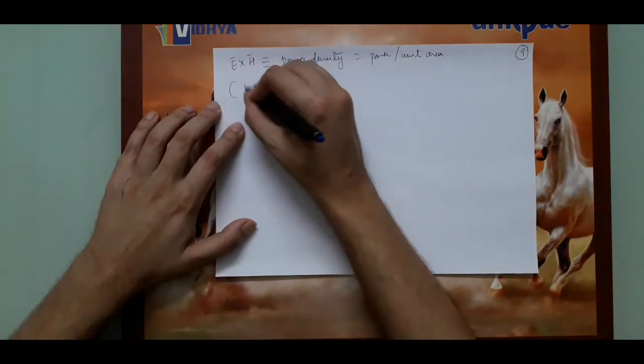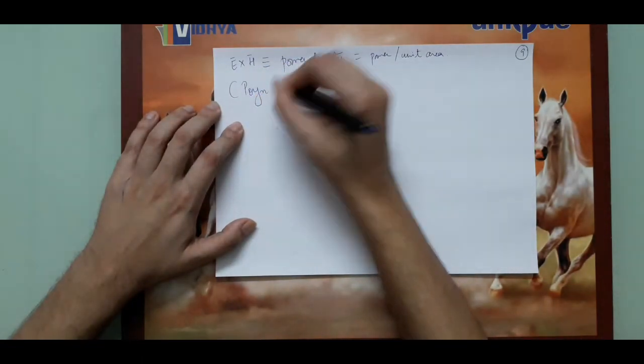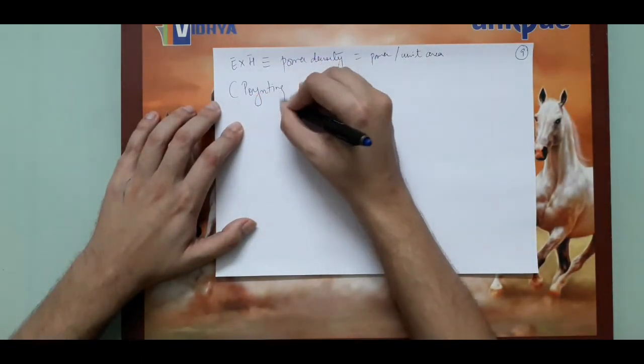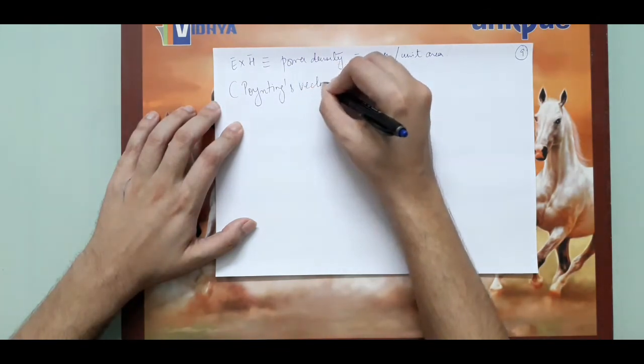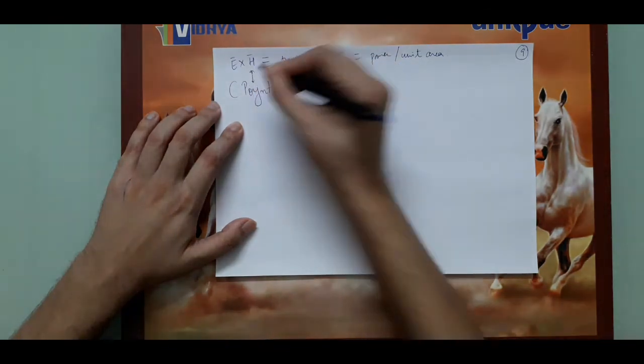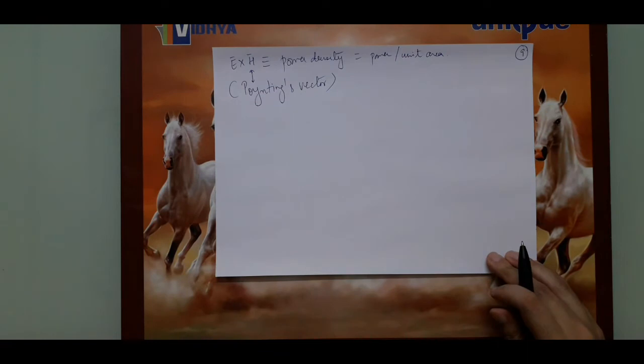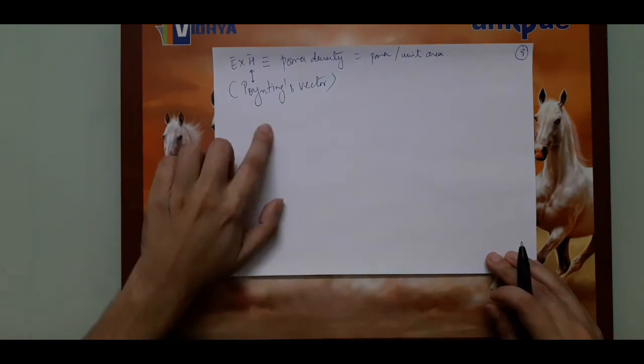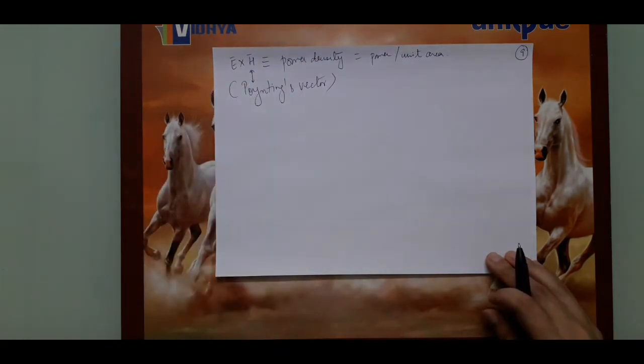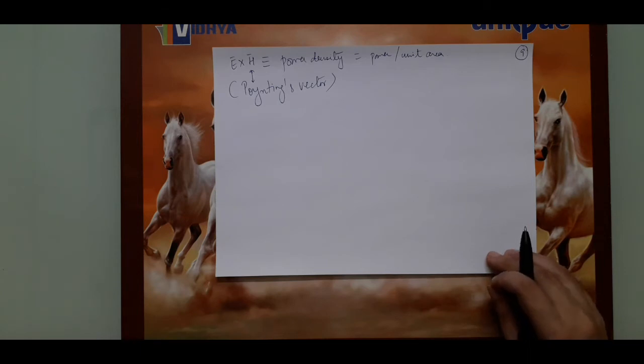It is called Poynting's vector, P-O-Y-N-T-I-N-G, Poynting's vector. So Poynting's vector indicates power density, which is also a vector, as the name suggests.